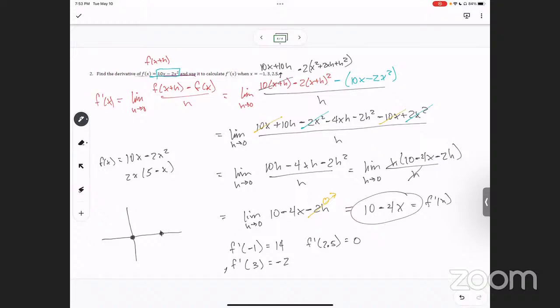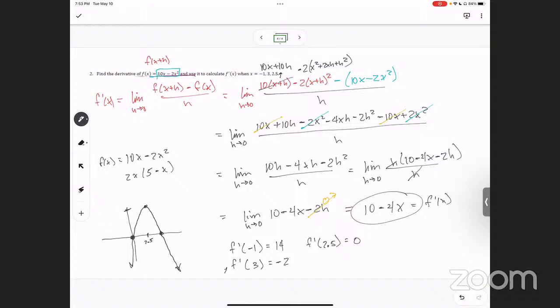The maximum is between 0 and 5, which means the maximum is at 2.5. It's going to look like that. It's going to be up here somewhere. It doesn't really matter where it is, but your graph is going to look like this.